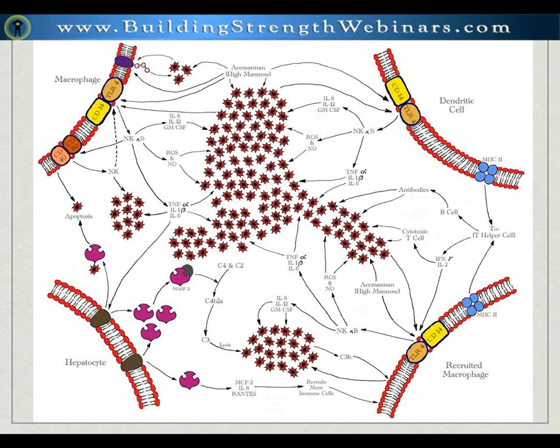Children have more because they're growing much faster, and there's a random probability of these cells becoming aberrant. And so the faster you're growing, the more likely you are to have them. But this is nature's way of looking for them and killing them before you develop cancer.